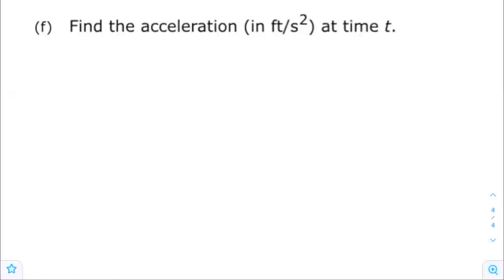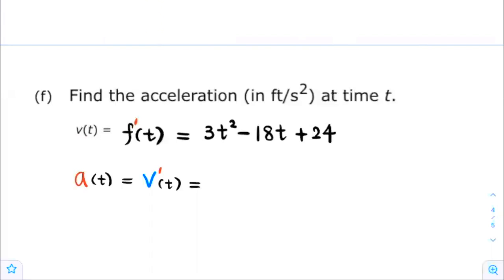Part F. Find the acceleration in feet per square second at time t. We know that acceleration is the derivative of the velocity function. Remember from part A, we got the velocity function is equal to this.